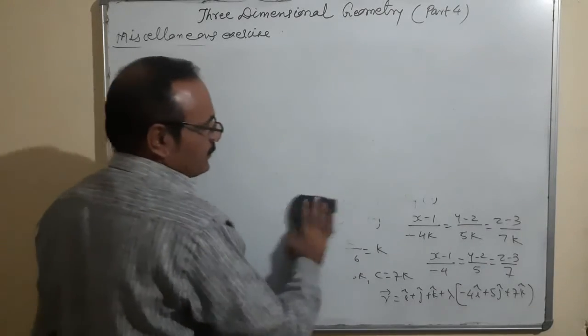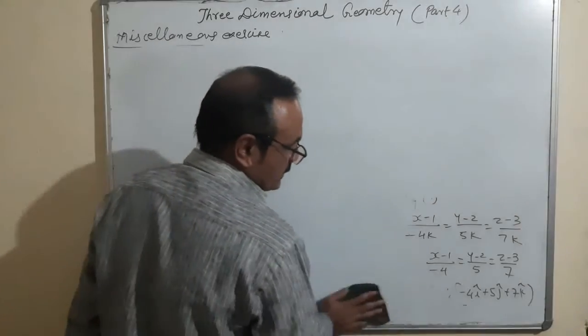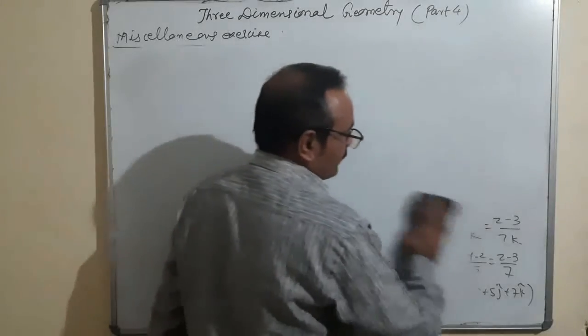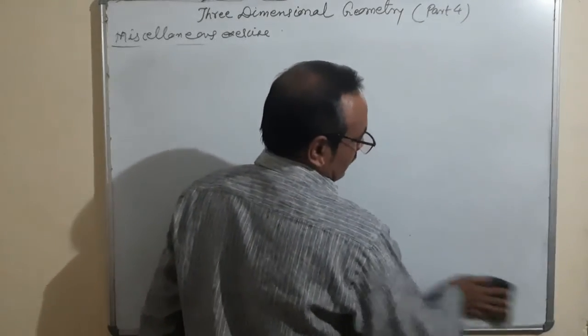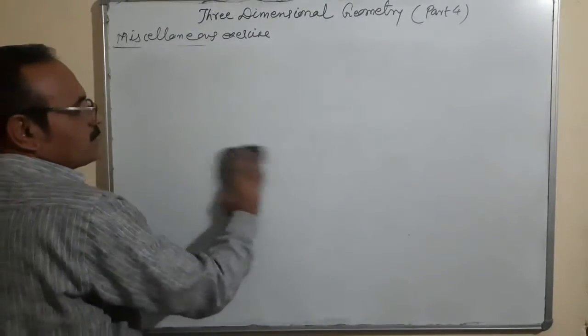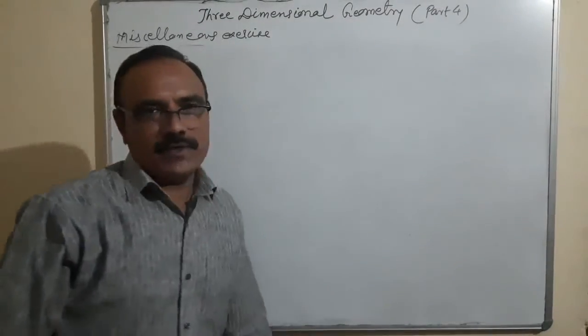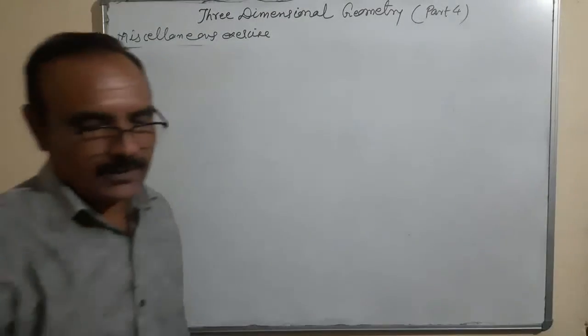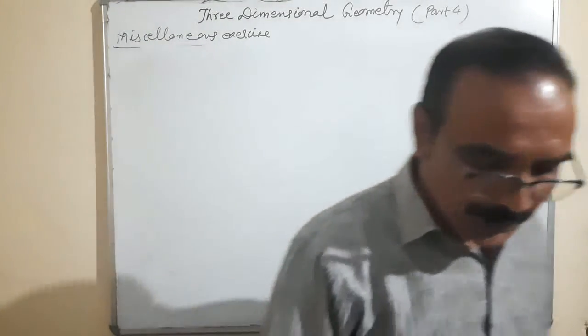But before applying this condition, you must convert into the standard form. It is very important. If any equation of a line is given which is not in standard form, first convert it to standard form, only then can we apply the condition. Okay, now we come to question number 21.